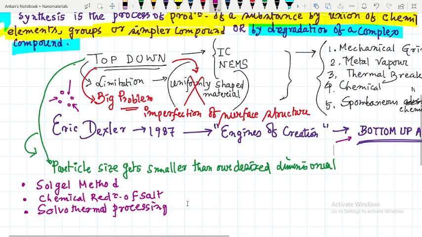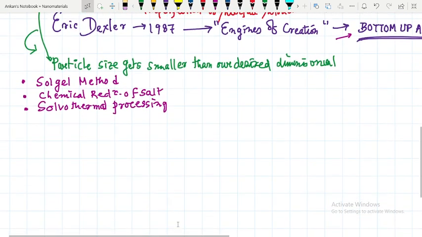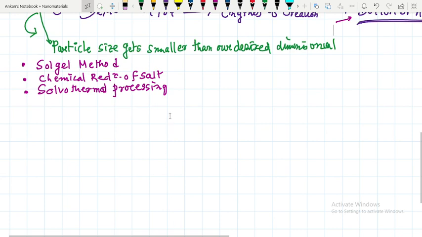Now it is time to discuss the synthesis processes which are given in our syllabus and which are very important over the others. But each process involves its own limitations and usefulness.